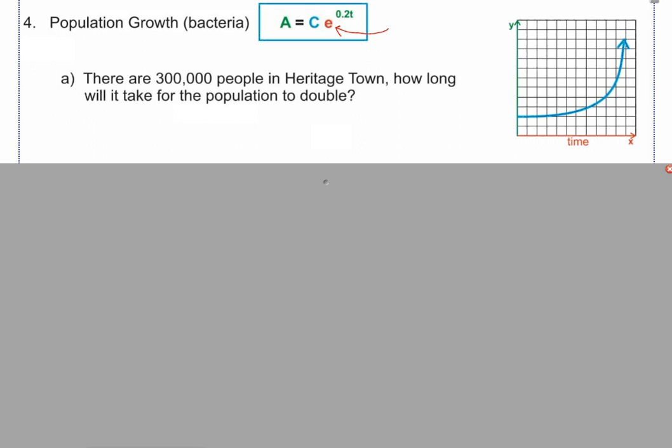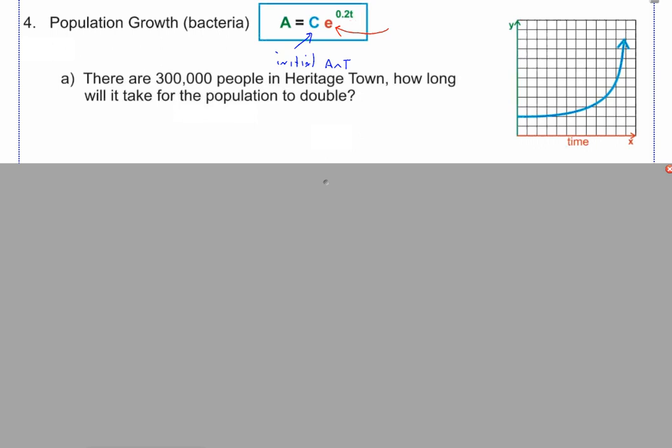The initial amount, and that's exactly the case, because we know the pattern now. C is the initial amount. It's an exponential function. There happens to be a multiplier on the variable, but that's not an issue.